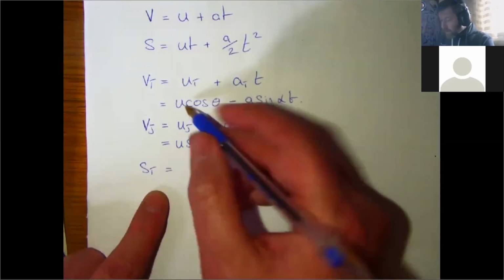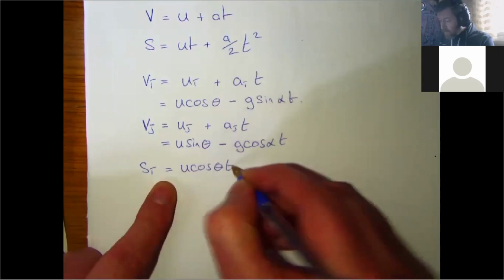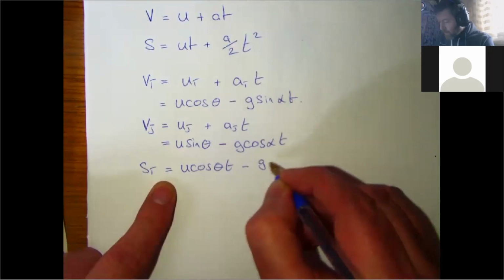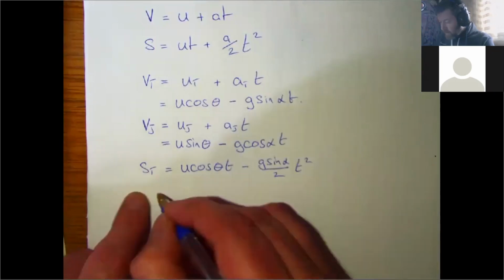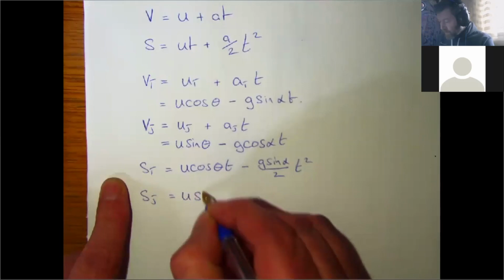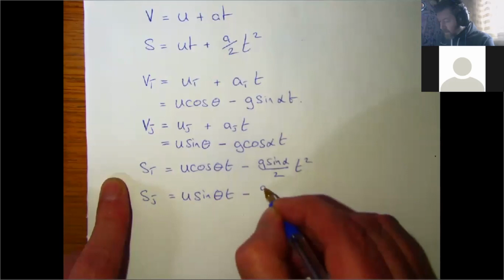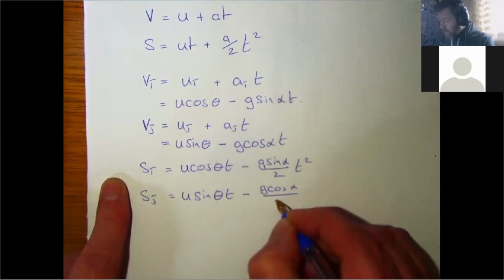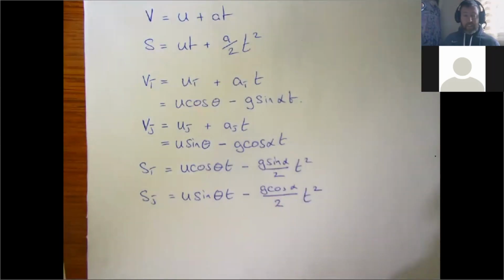It's again dealing with the same U, so it's U cos theta T minus G sine alpha all over 2 times T squared. And S of J is equal to U sine theta T minus G cos alpha over 2 times T squared. And that really is everything you need to know.